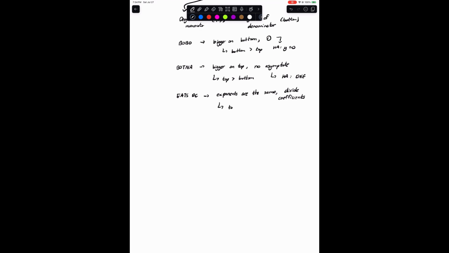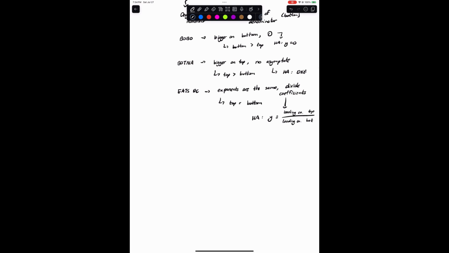So when top equals bottom, your horizontal asymptote is based on the leading coefficient on top over the leading coefficient on bottom. Okay. Sometimes you hear the term slant asymptote, and slant asymptote is whenever your horizontal asymptote is linear.